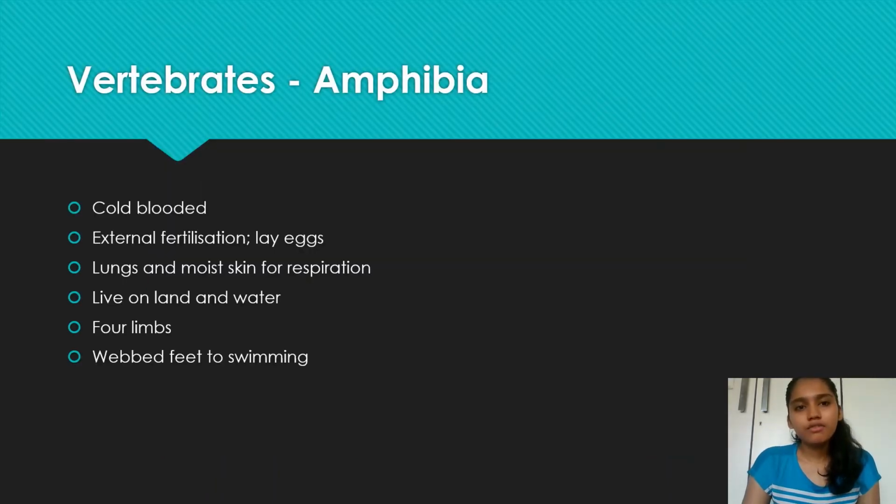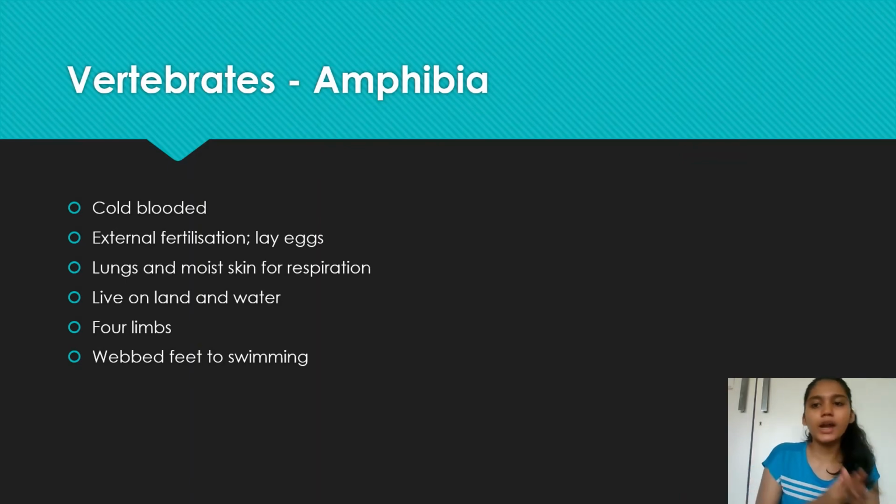Then you have vertebrates, amphibia, which is once again cold-blooded, poikilothermic, and you should know this. External fertilization like fish. They have lungs and moist skin for respiration. So essentially they live on land and water. A few of them have gills. It keeps changing. And they have lungs as well because they can breathe on land and in water.